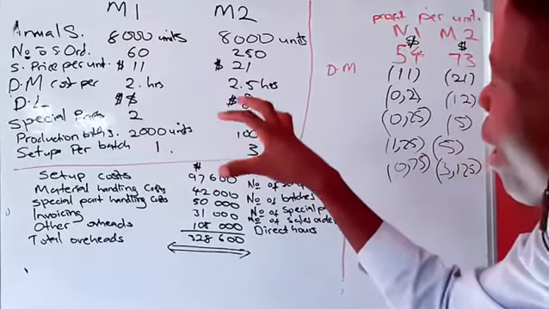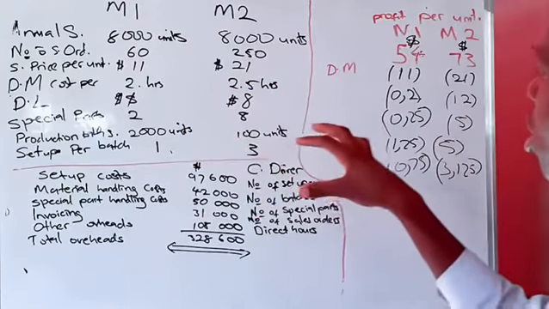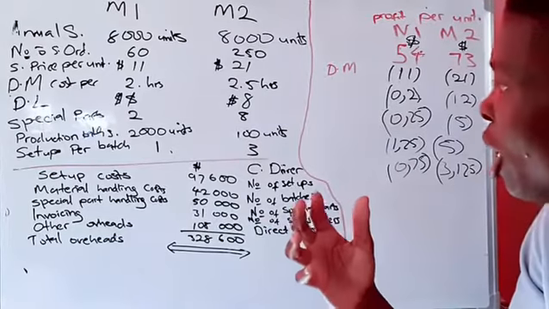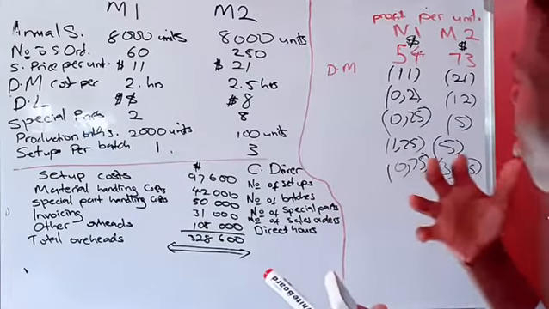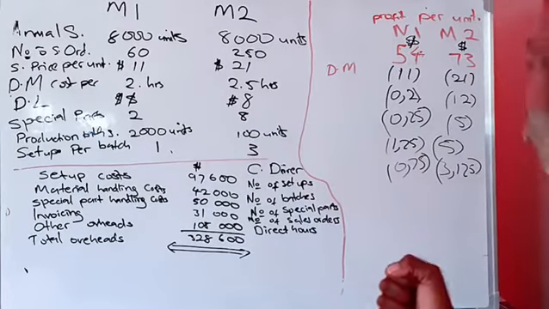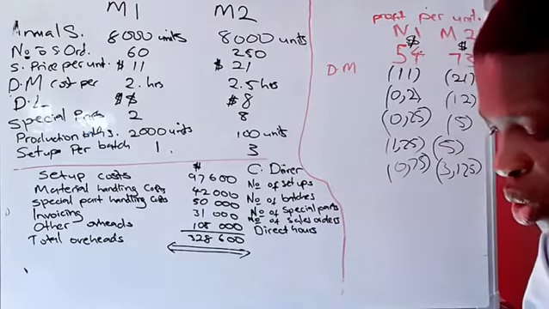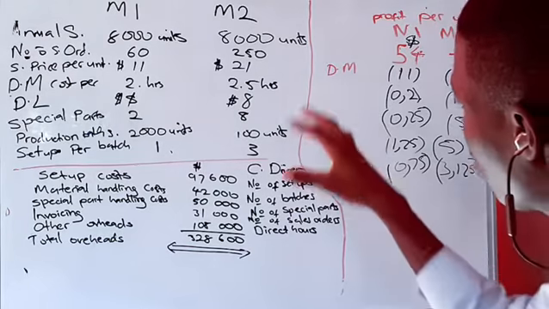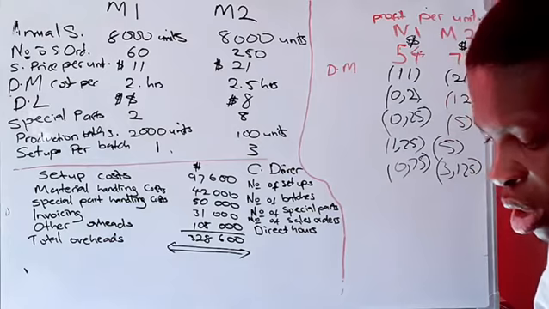So we need to know how much of these other overheads are attributable per hour, okay? We're going to apportion per hour, okay? So is the absorption rate per hour, right? So we're going to divide the 108,000 divided by how many hours? 36,000, okay?